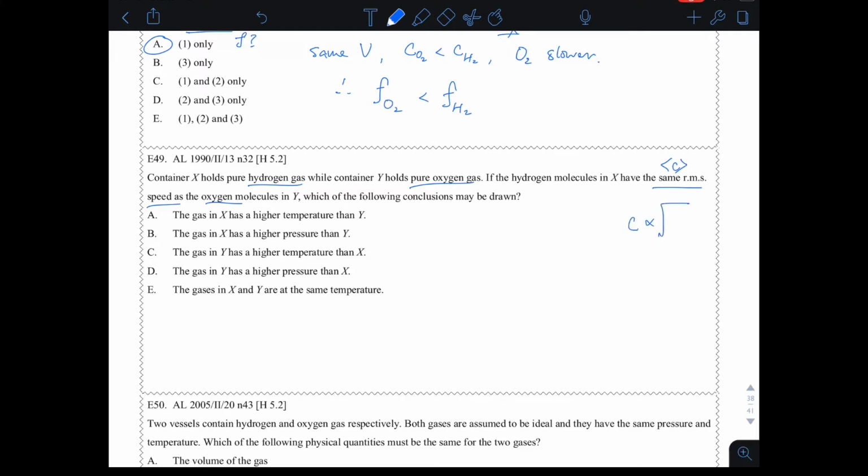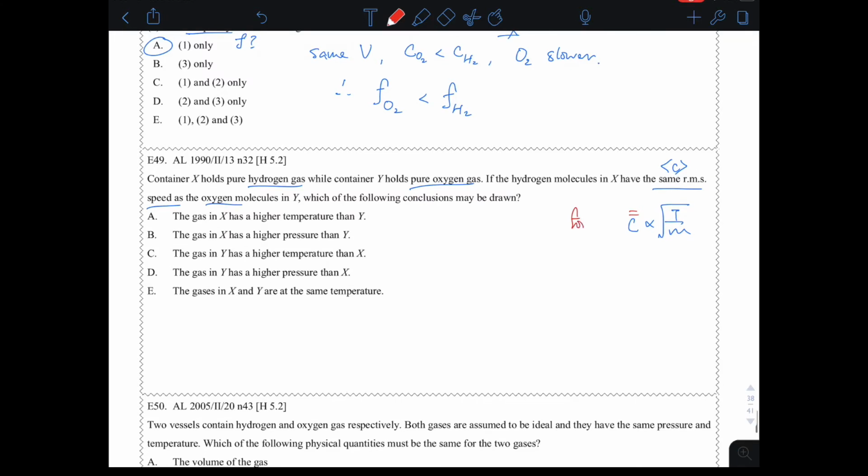And then we have C is directly proportional to the square root of T over M, right? And now C will be equal for both. So, for example, the mass for oxygen is higher.